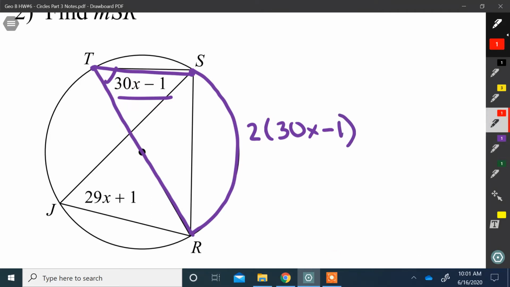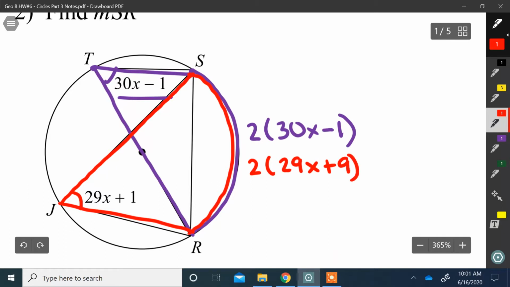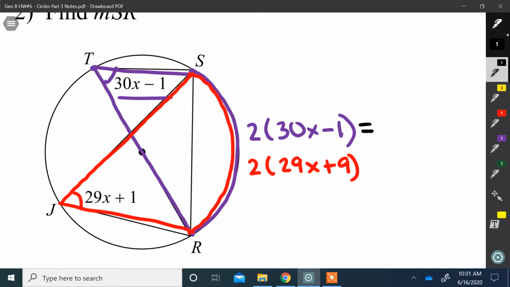Okay? And then it's also saying that this is the same thing, really, from there to there, that's also 2 times 29x plus 1, which means that those two have to be equal to each other.